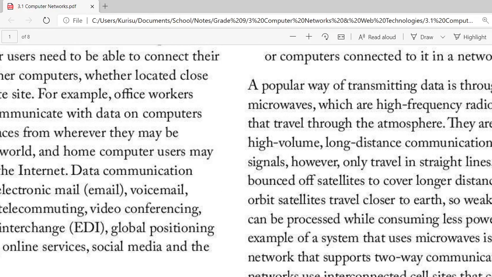Microwave signals, however, only travel in straight lines. They can be bounced off satellites to cover longer distances. Low-orbit satellites travel closer to Earth, so weaker signals can be processed while consuming less power. An example of a system that uses microwave is a cellular network that supports two-way communication. These networks use interconnected cell sites that communicate with mobile or cellular phones.